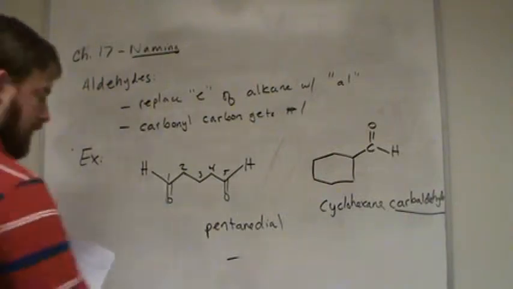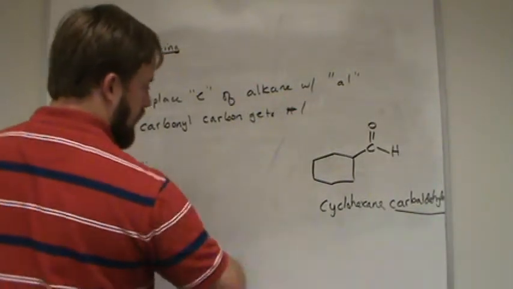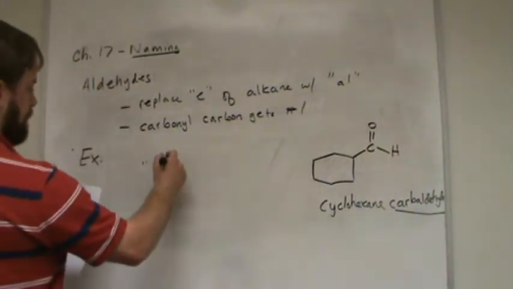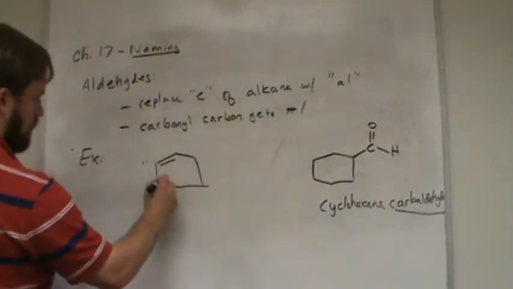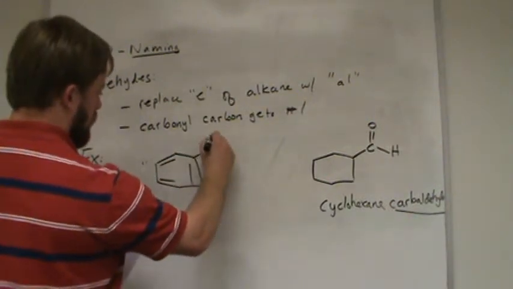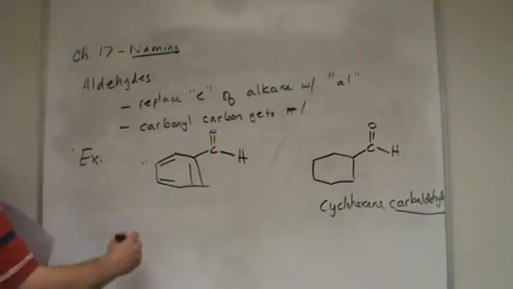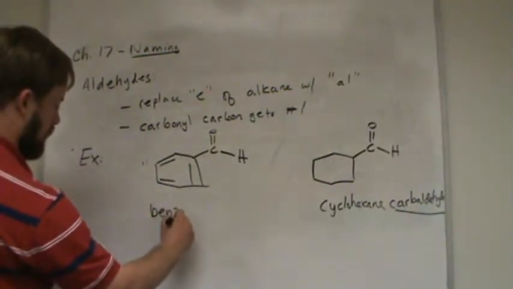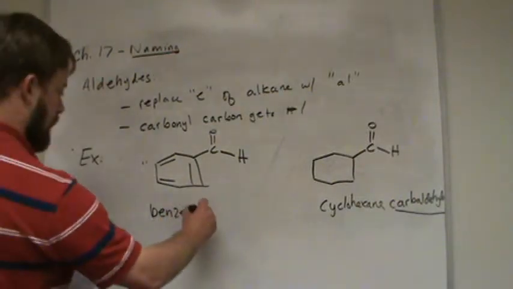Alright, let's do another one like that. Instead of cyclohexane, we got benzene. So the name of the ring is benzene. Okay. And then we just add the carbaldehyde.